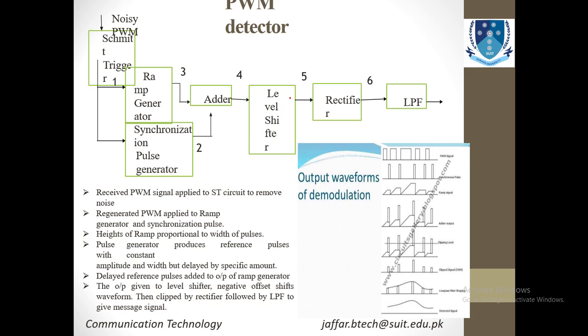You can clearly see that these are the same pulses, but the only difference is their level. The first pulse is generated from this level, the second pulse is generated from this level, and the third pulse is generated from this level. So there are level shifters applied to the signal.